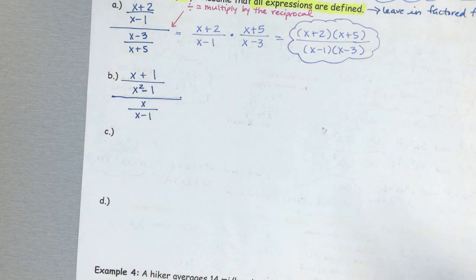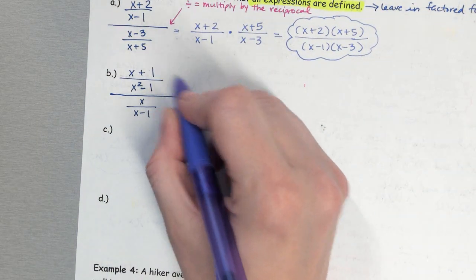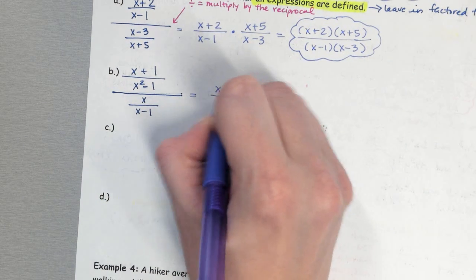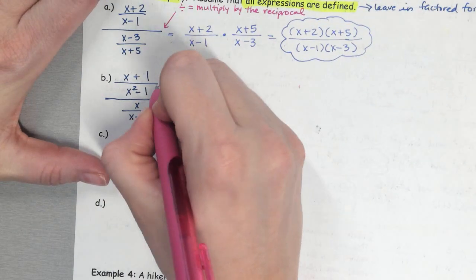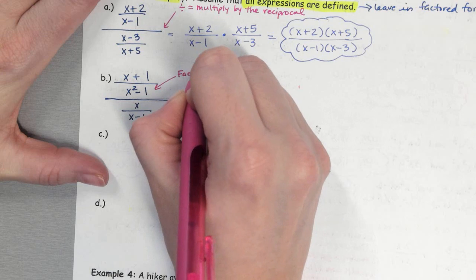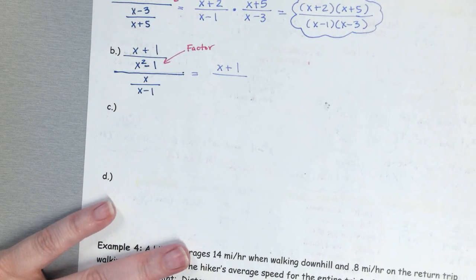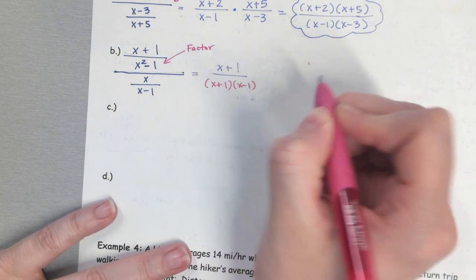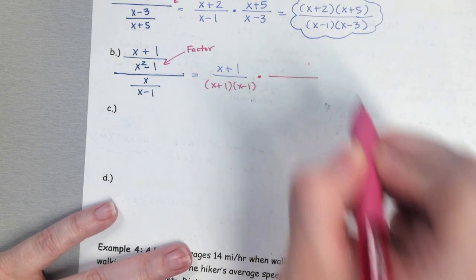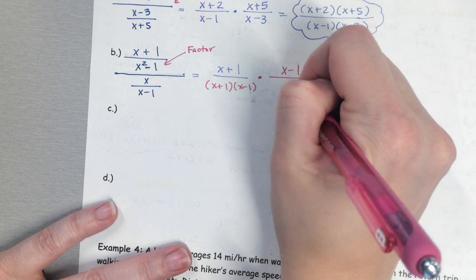So when you rewrite this one, the top is x plus 1 over, let's factor this. What does x squared minus 1 factor to? Yep, x plus 1, x minus 1. Good. Remember, that's one of our special patterns. And then we're going to multiply by the reciprocal, x minus 1 over x.